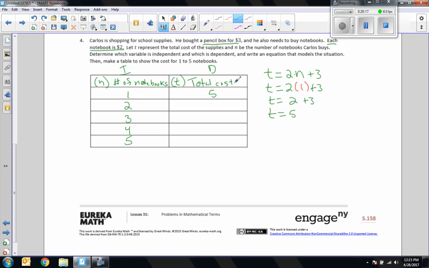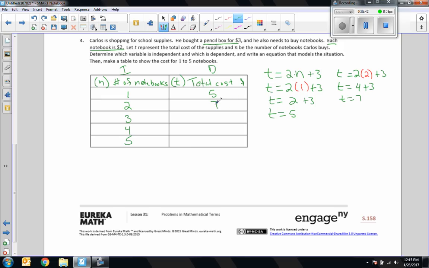Total cost in dollars is $5 for one notebook and the pencil box. If he buys 2 notebooks, then my N is going to be replaced with a 2, and I'm using a different color to show where the variable was. And 2 times 2 is 4 plus 3, and T equals 7.